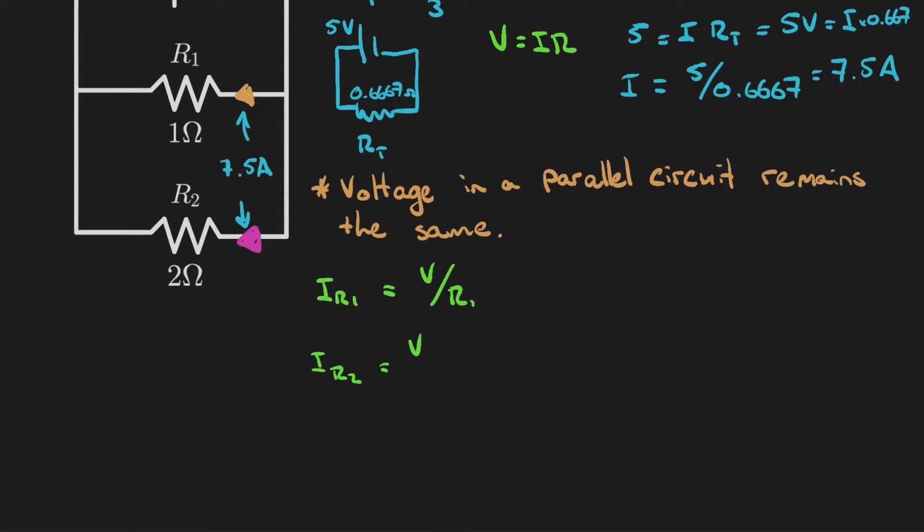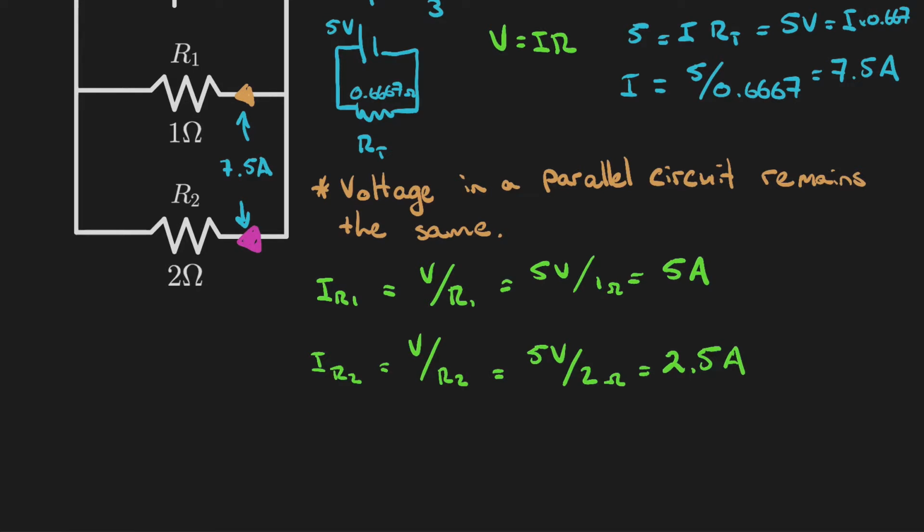It's the voltage divided by R2. Okay? Which we have 5 volts divided by R1, which is 1. So therefore we have 5 amps. And the current in R2 is 5 volts divided by 2 ohms. And that equals 2.5 amps.